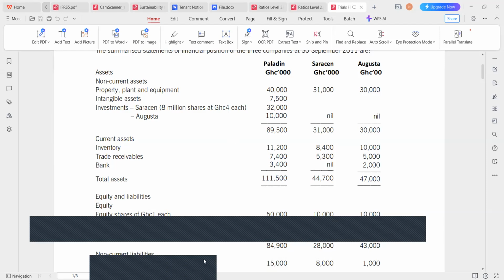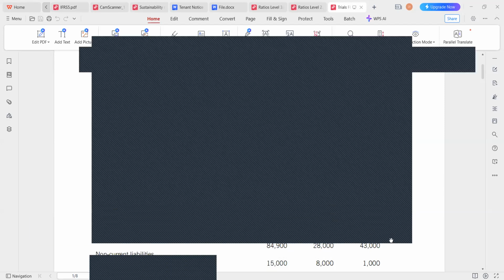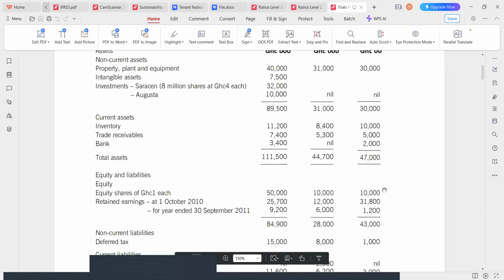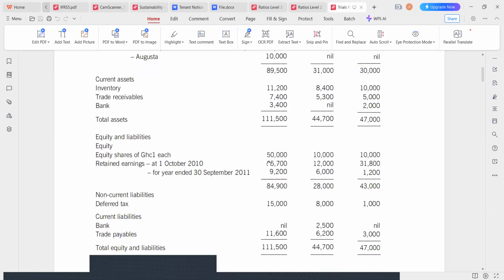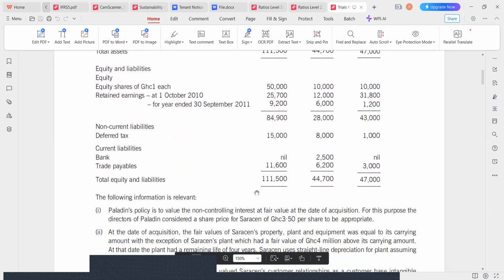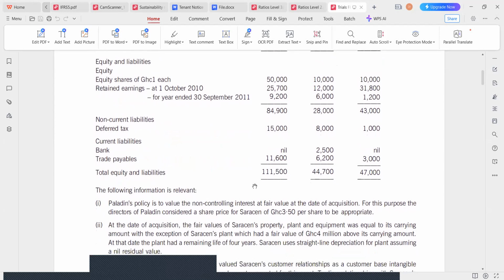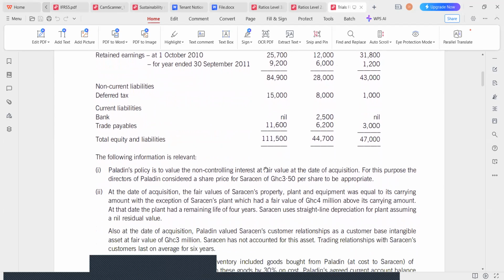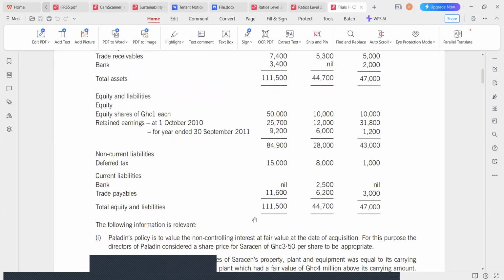All right, so I'm done. Then they move on to total assets. You must also get total assets. Bank, only write the parent's own. So let's go to equity and liabilities. Equity shares. Equity, pick all of the parent's.